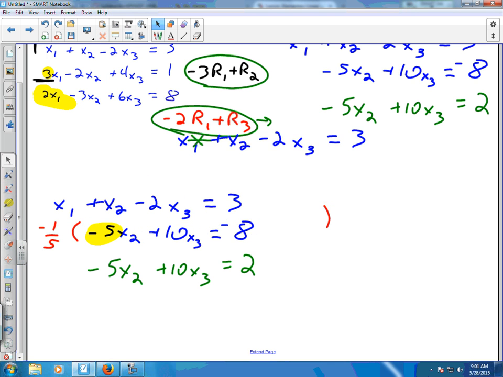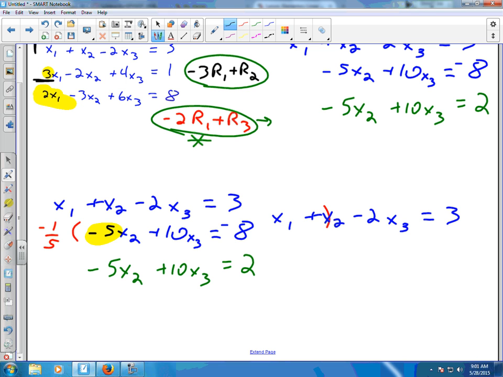So we still have that top equation. The second equation will become x2 minus 2x3. Negative times negative will be positive 8/5.